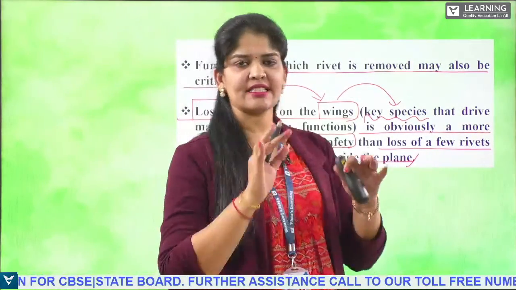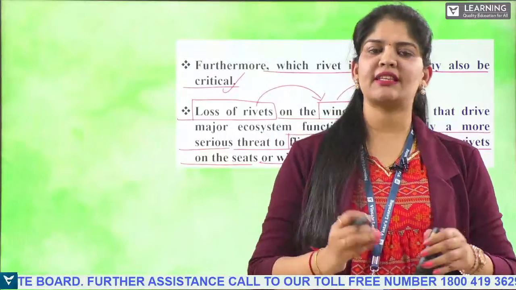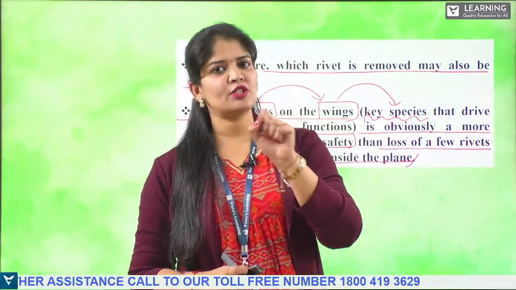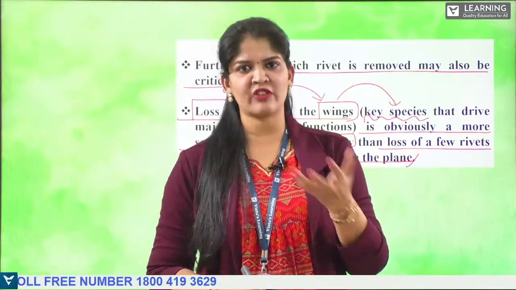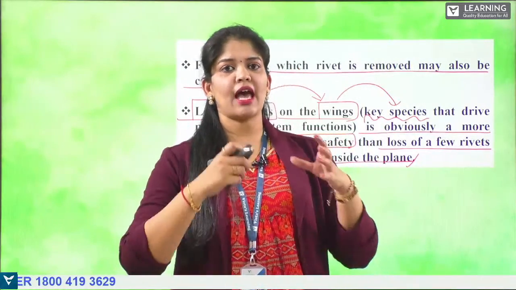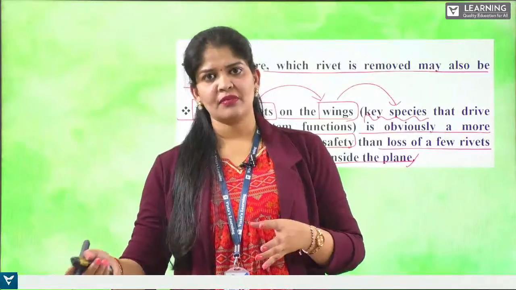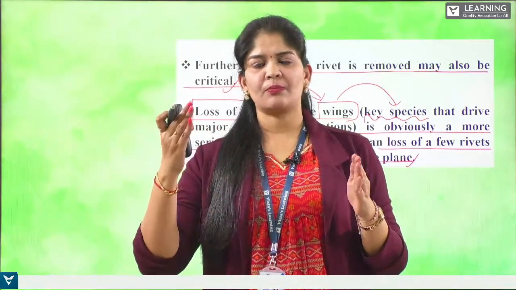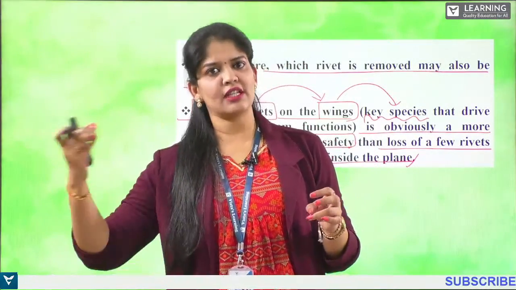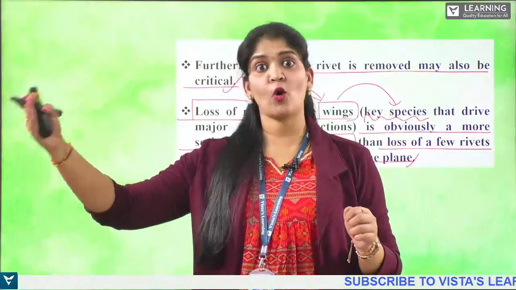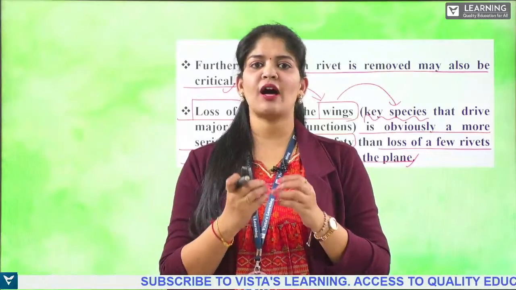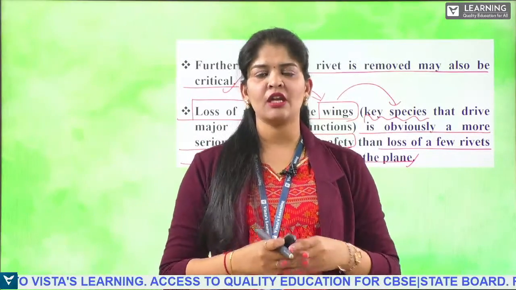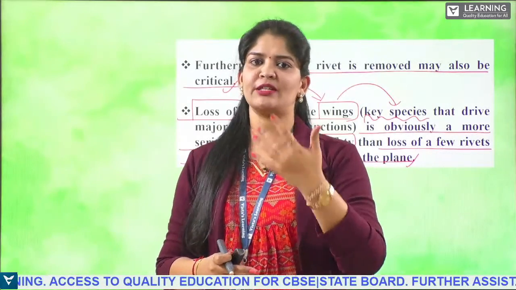This comparative study makes you understand that initially if one species is lost, there is not much loss to the functionality of the ecosystem. But over time, as species go extinct, at some point it is going to reach a critical, dangerously weakened condition, which will show its effect on the functionality of the ecosystem.